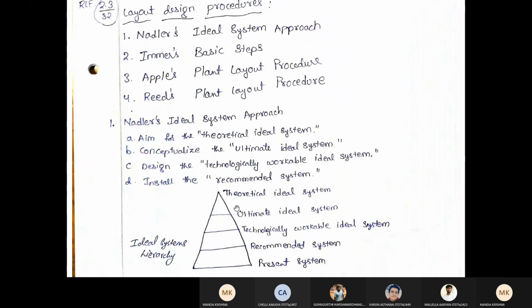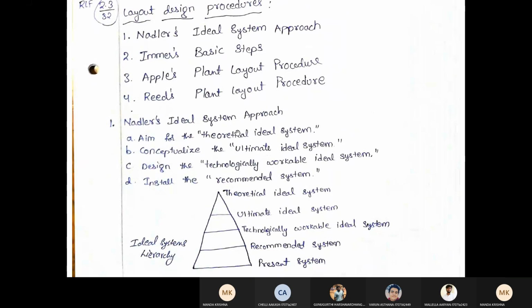That is the second. Next is design the technologically workable ideal system that you can see here. Next is install the recommended system and present the system. These are the layout design procedure for the Nadler's ideal system approach.